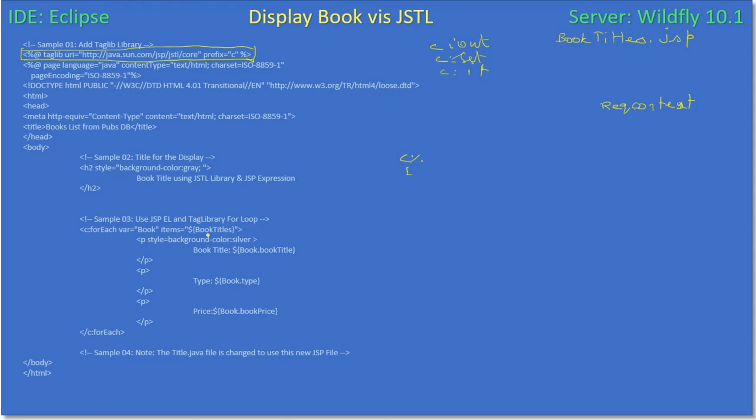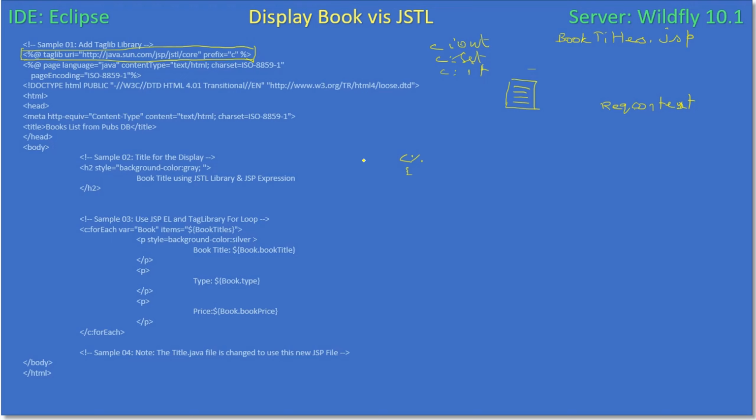Once we go to the demo, or if you watched the previous prerequisite video for SQL Server setup, there we created a servlet, and the servlet will set this book titles, which is nothing but the collection of title bean instances.